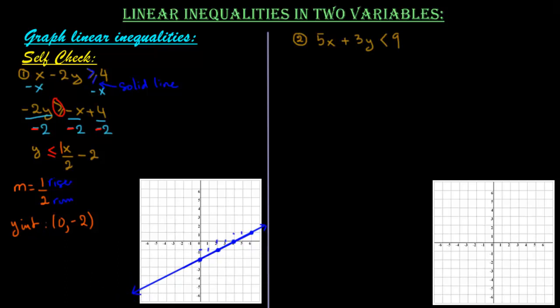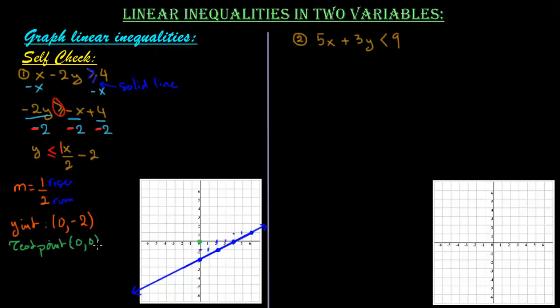Now the next part is where should we shade, above or below the line. So let's do the test point. We prefer to use the point 0, 0 as long as it's not on the line, because 0, 0 is easy to calculate.